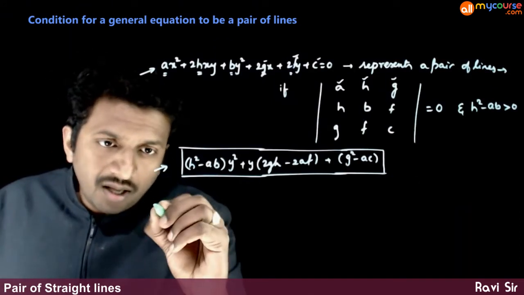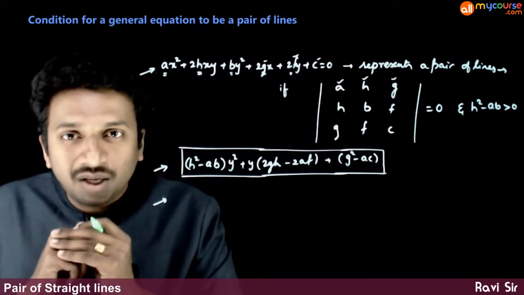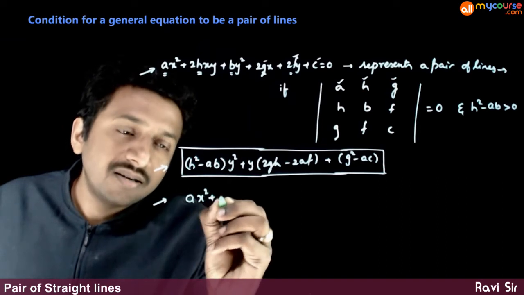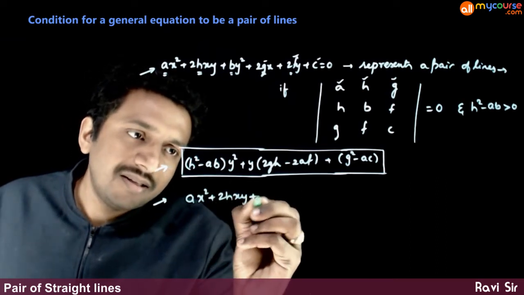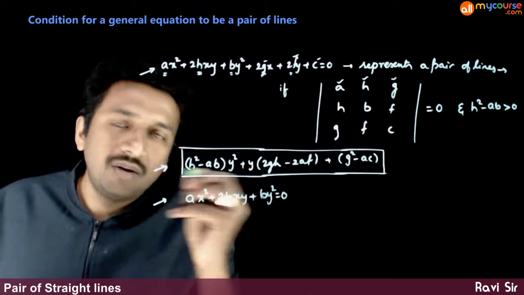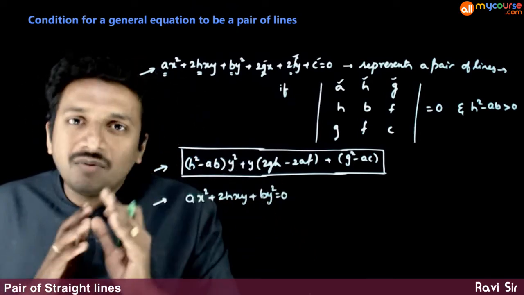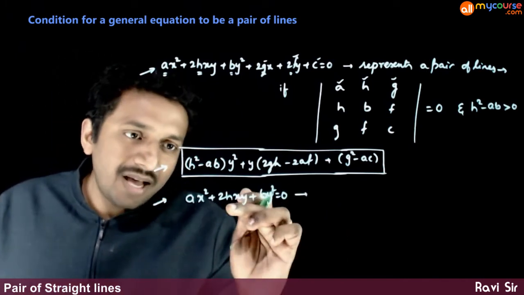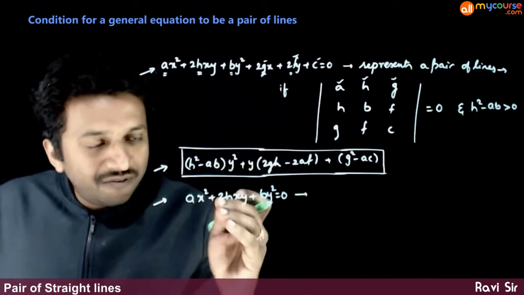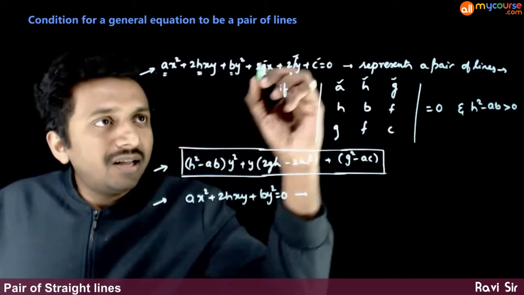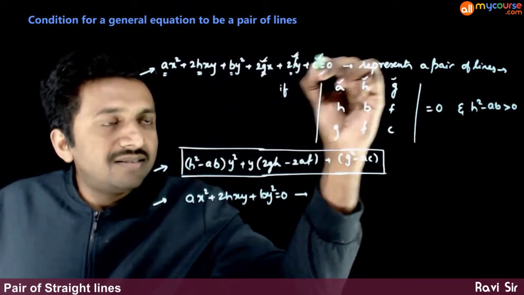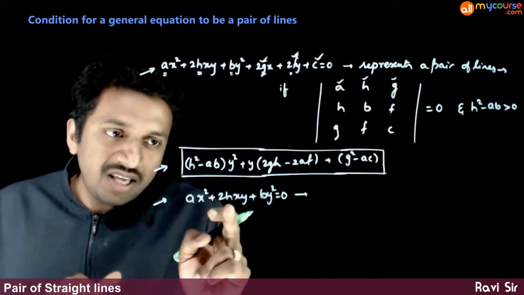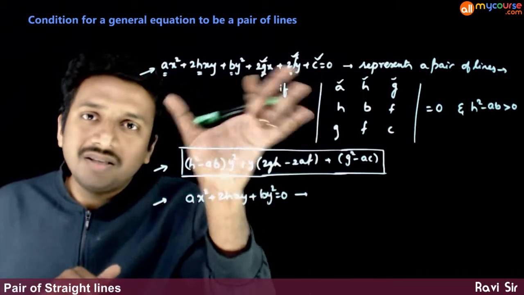Next, if you look at the homogeneous equation, that is the small equation. If you have ax square plus 2hxy plus by square is equal to 0, what can you say about this equation? If you compare this equation with the general equation, the difference is simply that g, f and c, all these three are 0 for this equation.